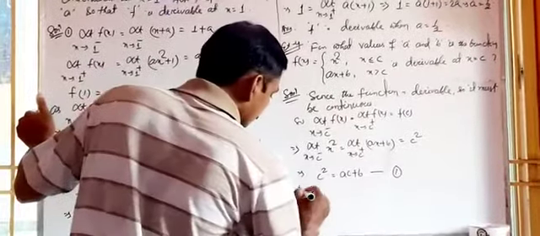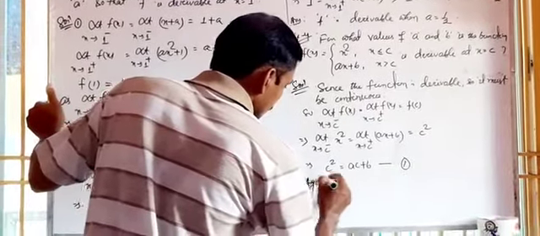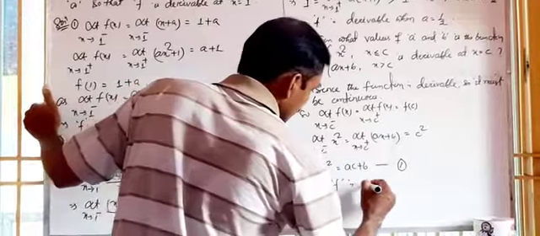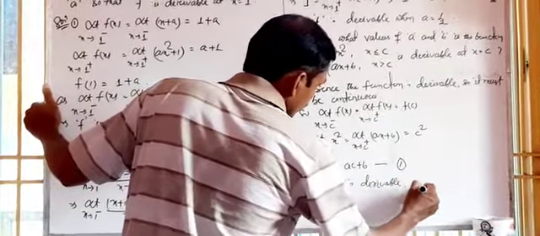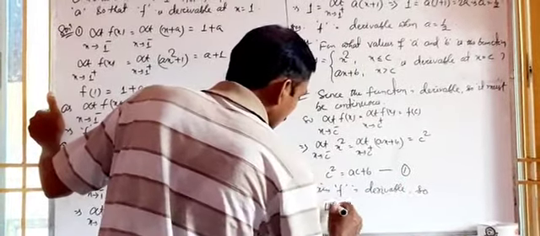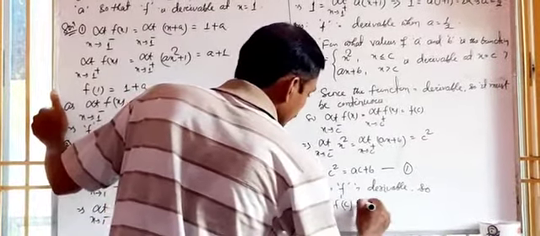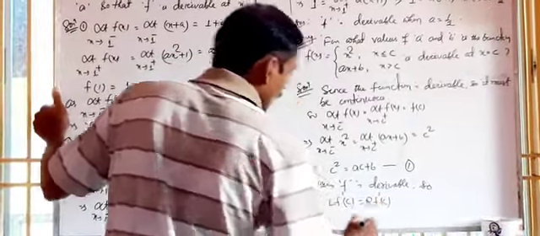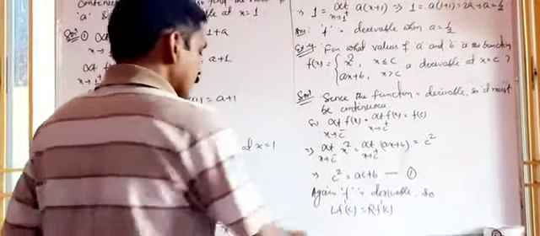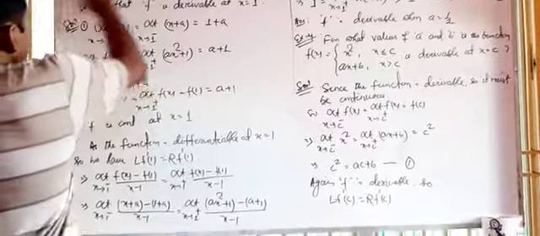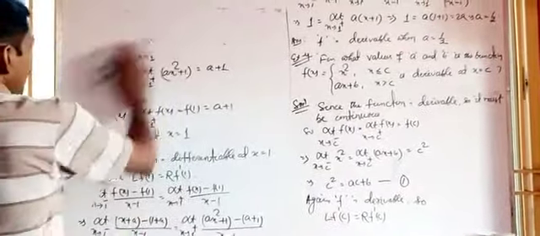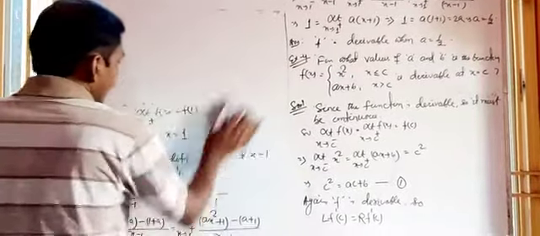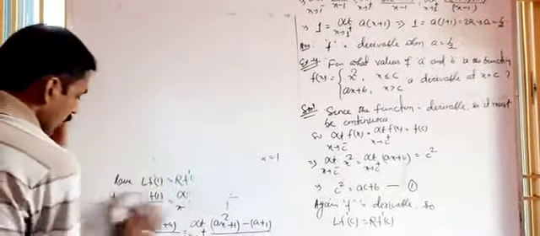Then again, f is derivable. So L f dash of c must be equal to R f dash of c, meaning when both left hand and right hand derivatives are equal, then only we say that the function is differentiable or derivable at that point.